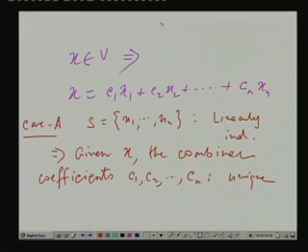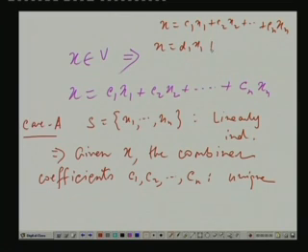So I should get x equal to first C1 x1 plus C2 x2 plus dot dot dot plus Cn xn, and also suppose same x can be expressed as d1 x1 plus d2 x2 plus dot dot dot plus dn xn, where d1 to dn, they are not all same as C1 to Cn, at least in one coefficient they should differ. Okay. And left hand side is still x. Suppose this is the situation. Our question is, can it occur? Our answer will be that it cannot occur. So the coefficients C1, C2 up to Cn are unique.